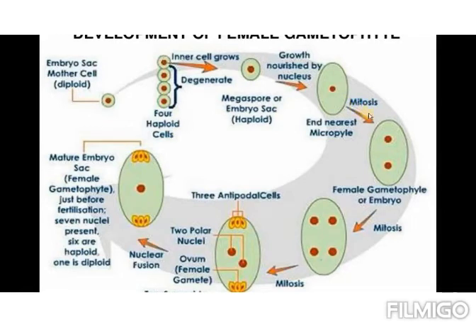When first mitotic cell division will take place, this one nucleus, which is haploid, will form the 2 nuclei. At this stage, again it will go another mitotic cell division, and from 2 nuclei there is the formation of 4 nuclei, and again there is third mitotic cell division, and from the 4 nuclei there is the formation of 8 nuclei.